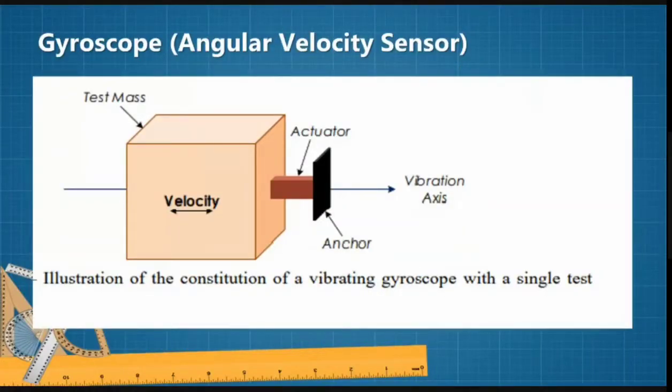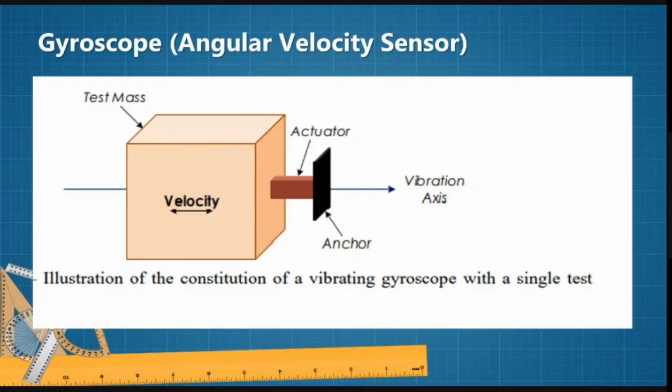Okay, this is for the MEMS. Among the implementations that use MEMS, one of them is the gyroscope. A gyroscope is an angular velocity sensor.